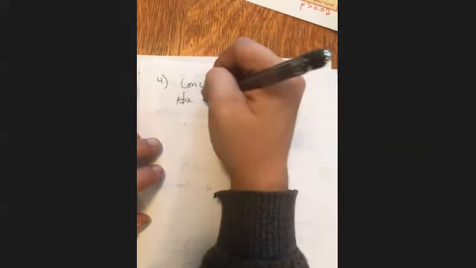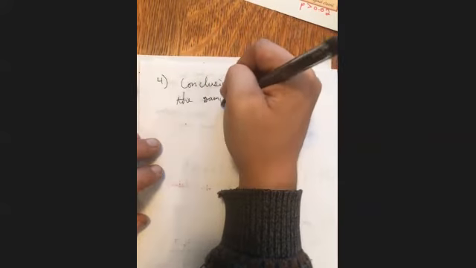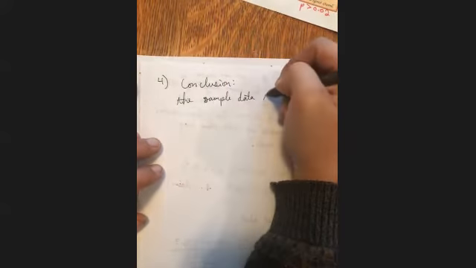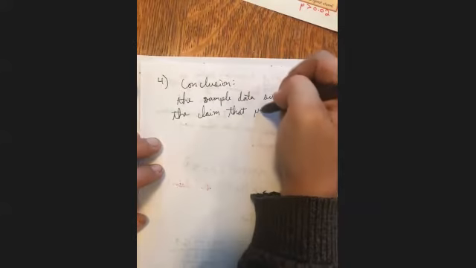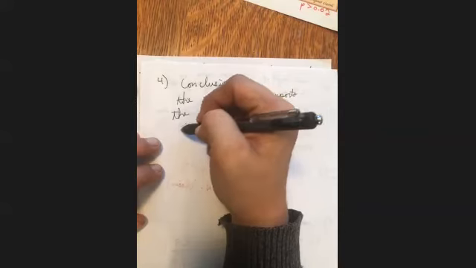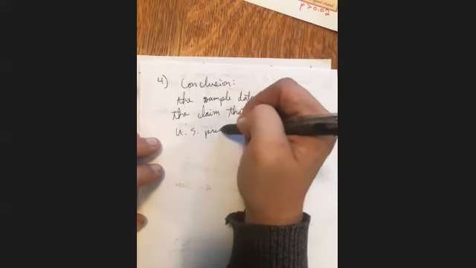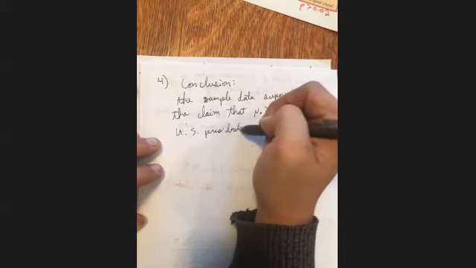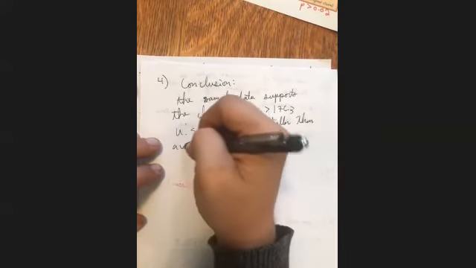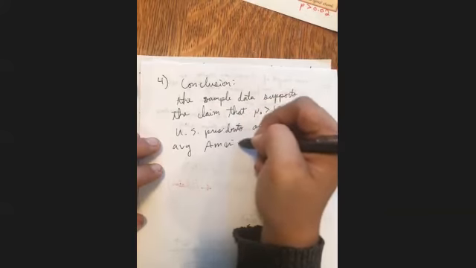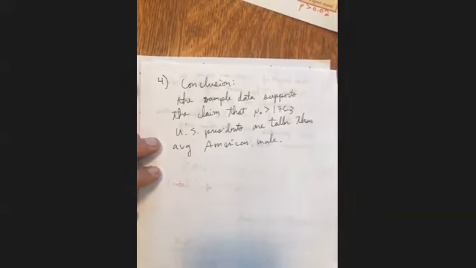So for us, the conclusion is the sample data supports the claim that mu is greater than 176.3, or in other words, US presidents are taller than the average American male. Full stop.